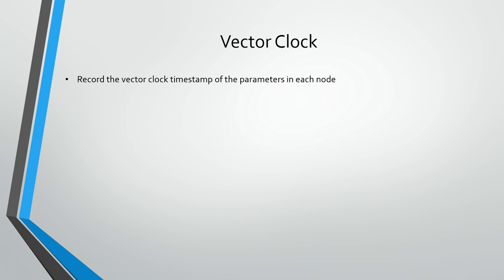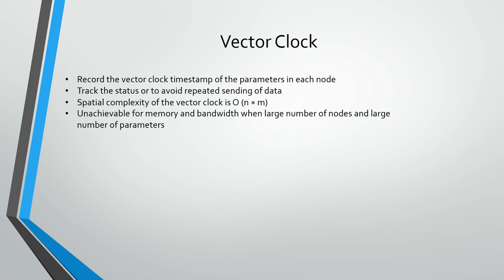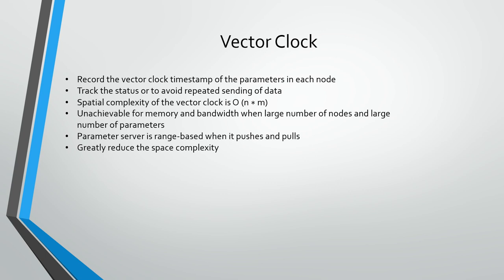Also, the parameter server uses range-based push and pull to bring a benefit. The parameters in the range share the timestamp, which can greatly reduce the space complexity. So you can see in Algorithm 2 in the research paper how to assign times to the vector clocks.